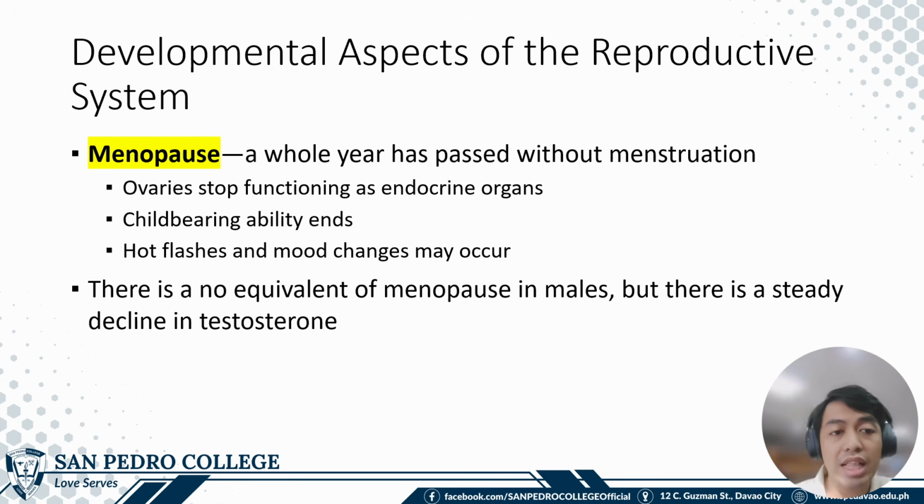So by this time, the female is unable to release any egg cell. This is called your menopause. Clinically, you can diagnose menopause after a whole year that the female has not menstruated.